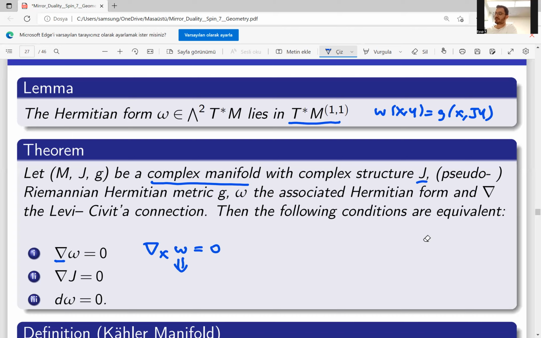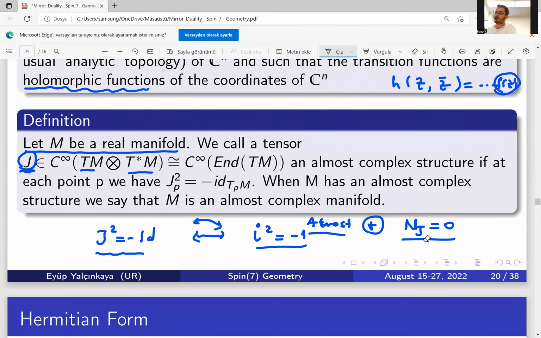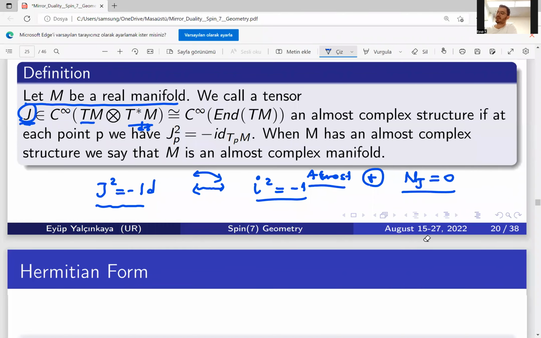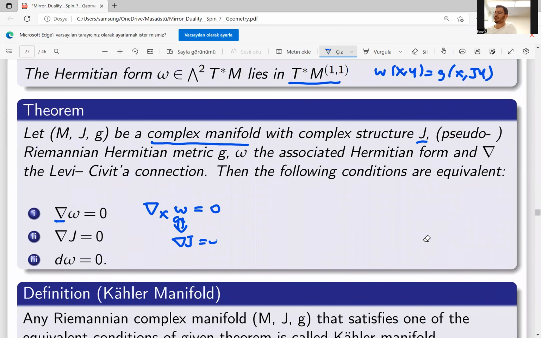J is also a tensor, right? If this one is an element of the endomorphism of the tangent bundle, you can translate this to dz bar, and this information is also equal to 0, or the two-form is equal to 0. Both of them are directly equivalent to each other.